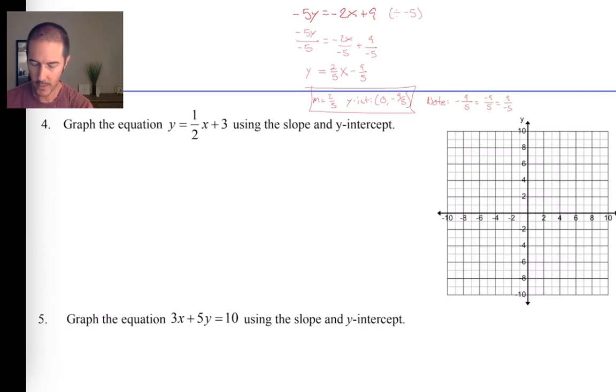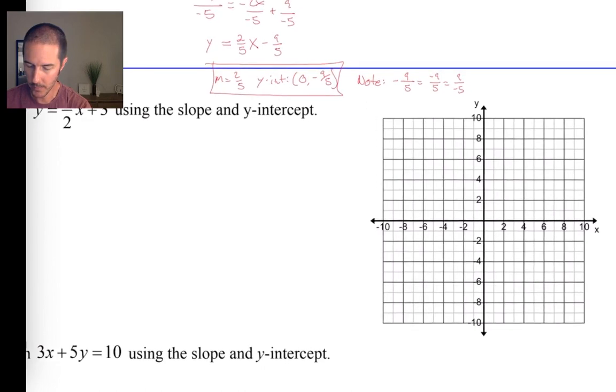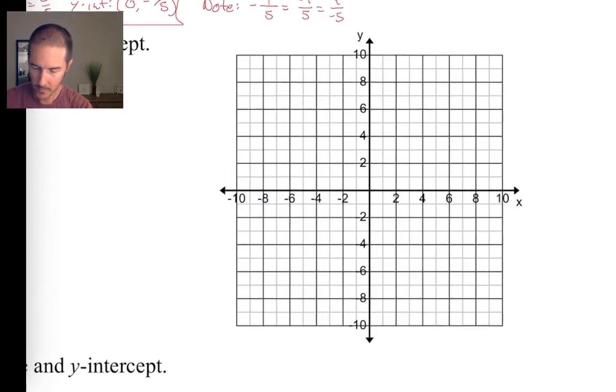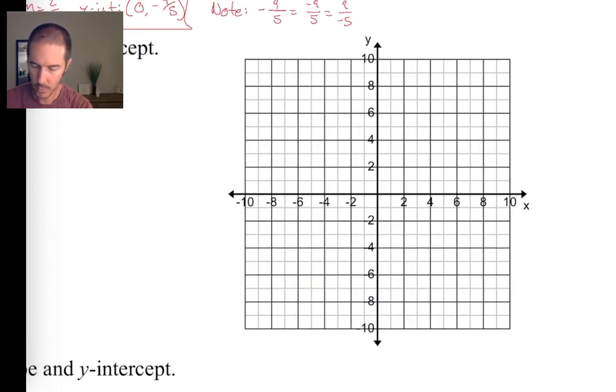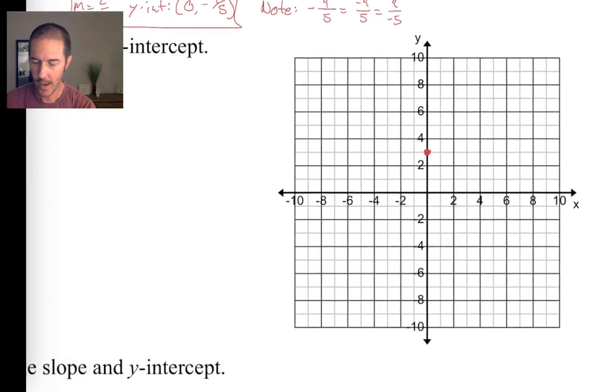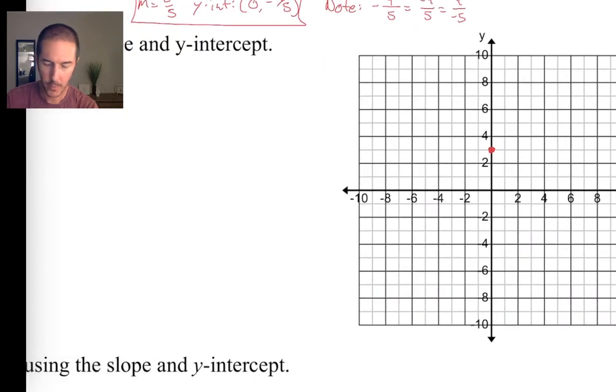In this case, our y-intercept is located at 0, 3, so that's the first point that I'll plot. From the origin, horizontally 0, vertically 3, and then I'm going to use the slope to graph another point. My slope, m, here is 1/2, which is rise over run.